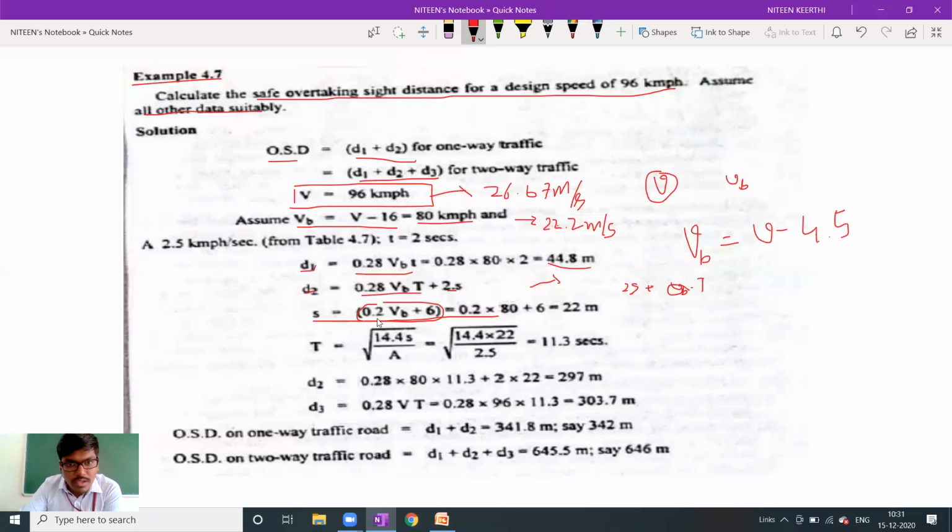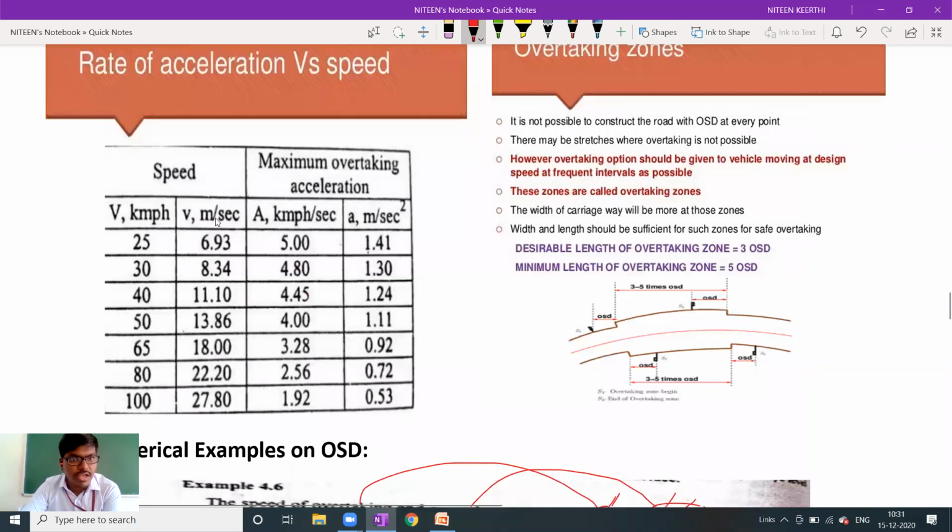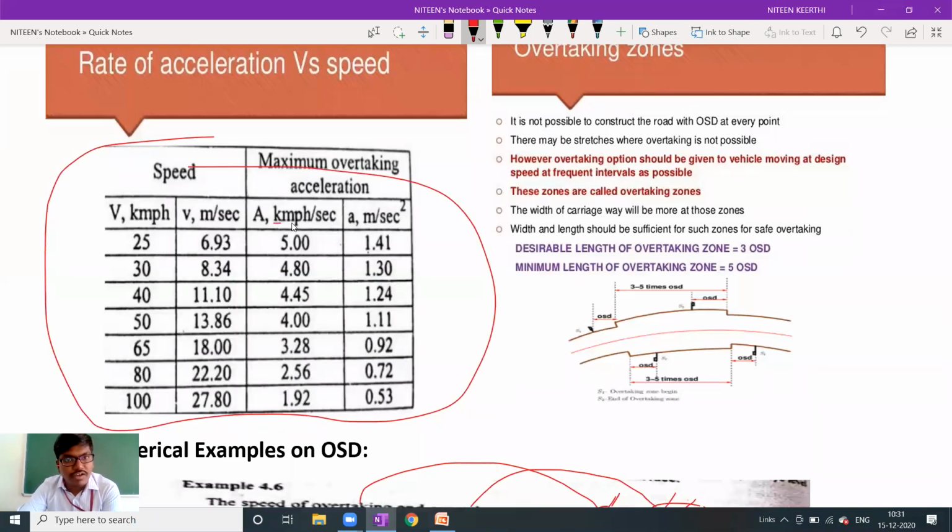Coming to D2: 0.2 into capital VB plus 6, whenever V is given in kilometer per hour. So S is 22 and again capital T. Here A has not been given, so A is 2.5 kilometer hour per second. I have already shown you here in this table where the rate of acceleration is given in kilometer hour per second.